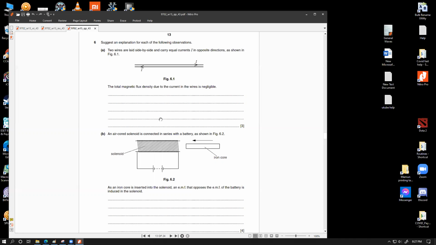Now they have not given us the permeability equation, but to be able to work with this equation, you have to bring up that concept, that constant, of the air between the two wires.